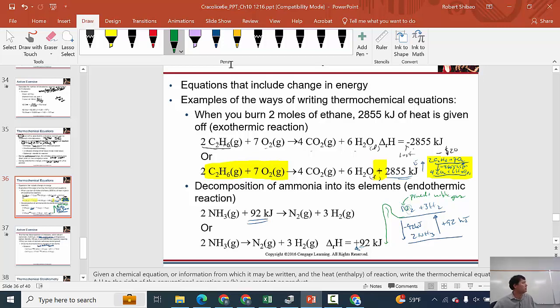But this was a huge reaction, the reverse of this, because of what they use it for. Do you know what they use ammonia for? This may be the number one reaction here.